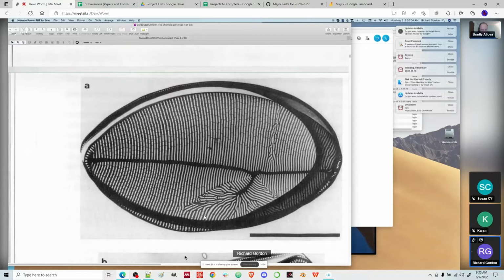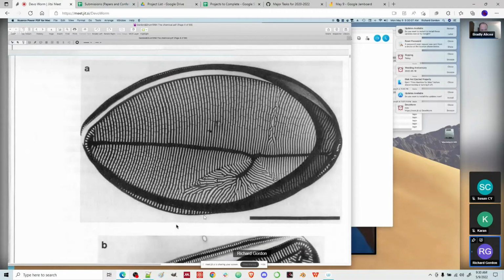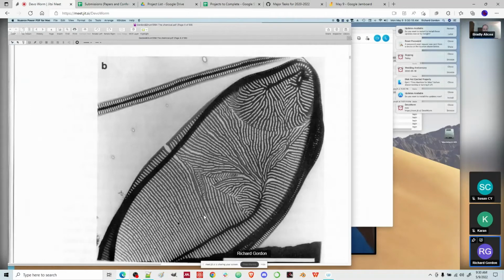Okay, so this will give you an idea. Let's see, I think I might have another one on the screen. Yeah, here's another one. Here's one where the raphe midline is completely broken up into 2 parts. Okay.